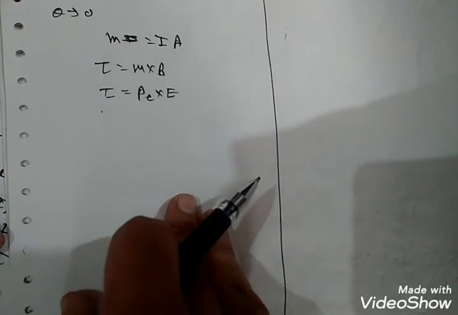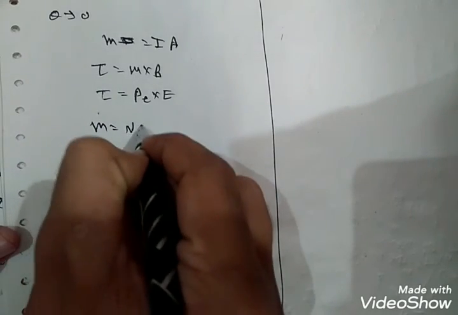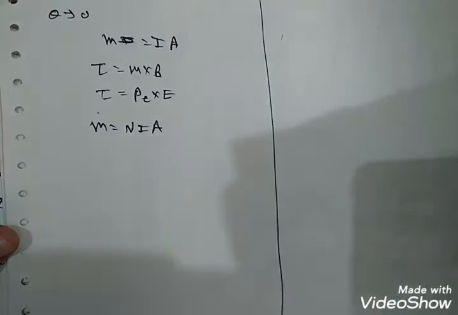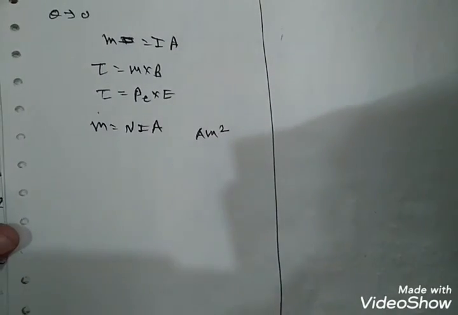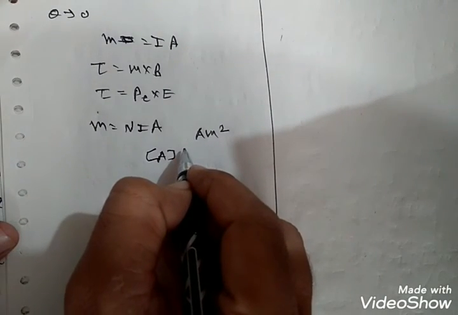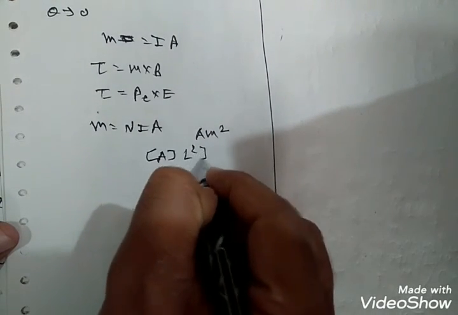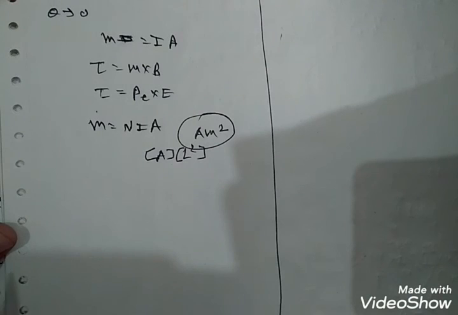If the loop has N closely wound turns, the expression for the magnetic moment is m equal to N I A. The unit of the magnetic moment is ampere meter square, and its dimension is ampere times L square. This is an important question for the board examination.